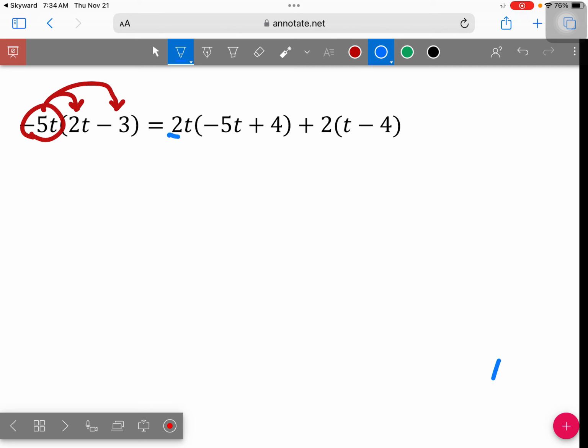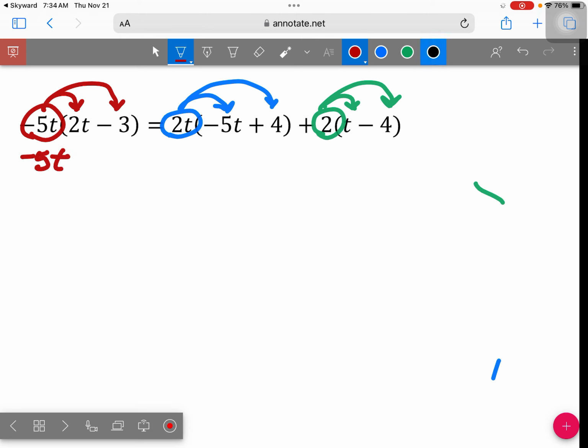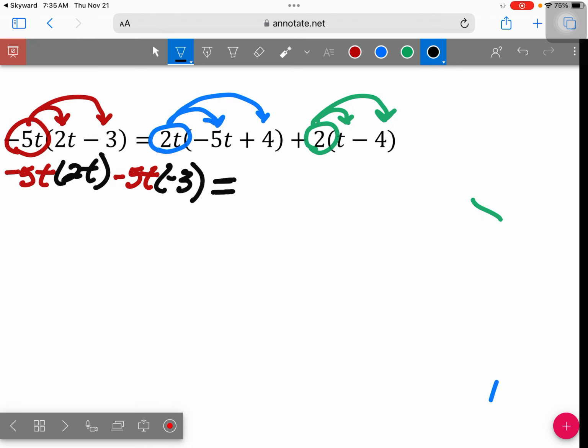We need to distribute the 2t with everything on the inside here, and the 2 with everything here. And then you need to combine like terms. So I'm going to write them all out. Negative 5t times 2t. And then I have negative 5t times negative 3. Equals another equation. Okay, so we're going to be solving.